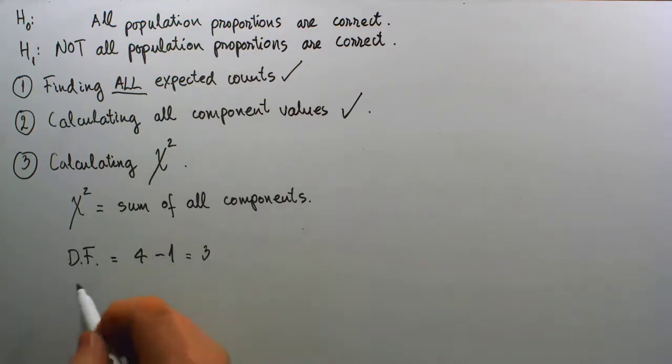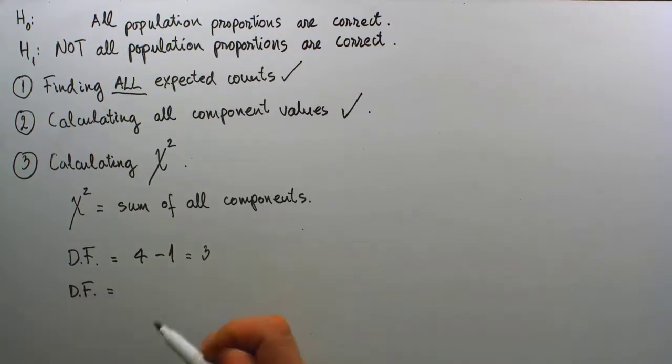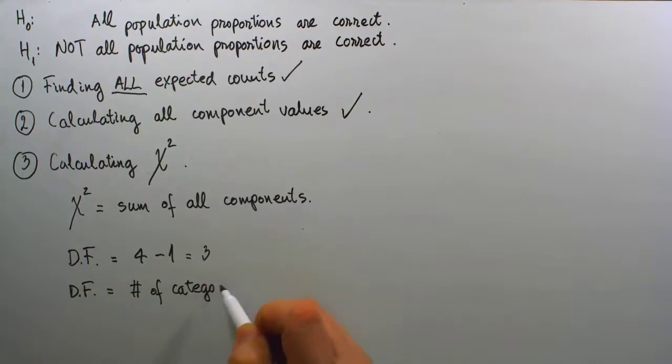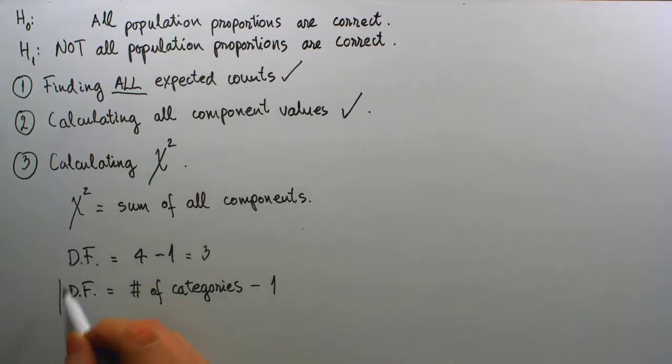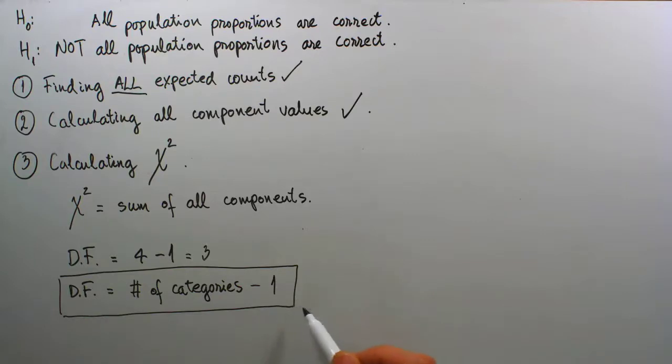Generally speaking, degrees of freedom for a chi-square test for goodness of fit can always be calculated as the number of categories minus 1. And that's another formula to highlight for the day. Again, remind yourself that this particular step is not dependent on any of the other steps.